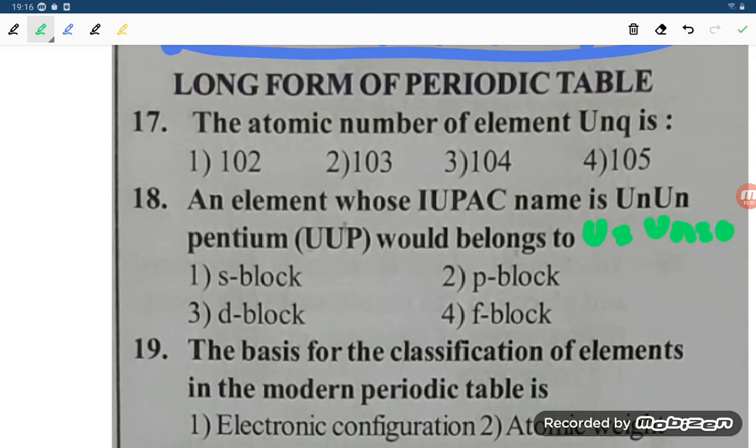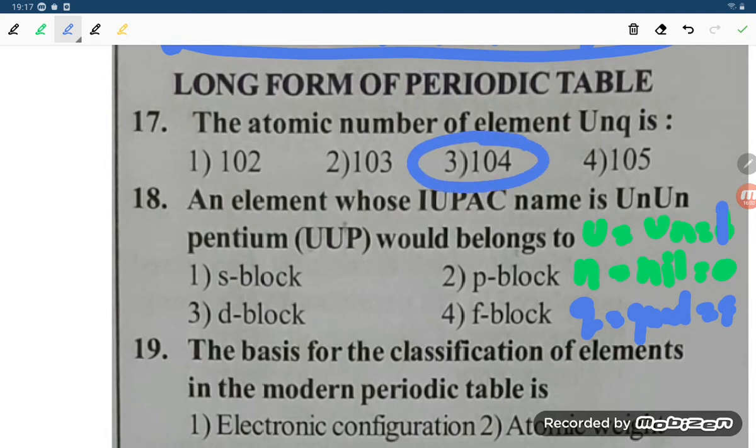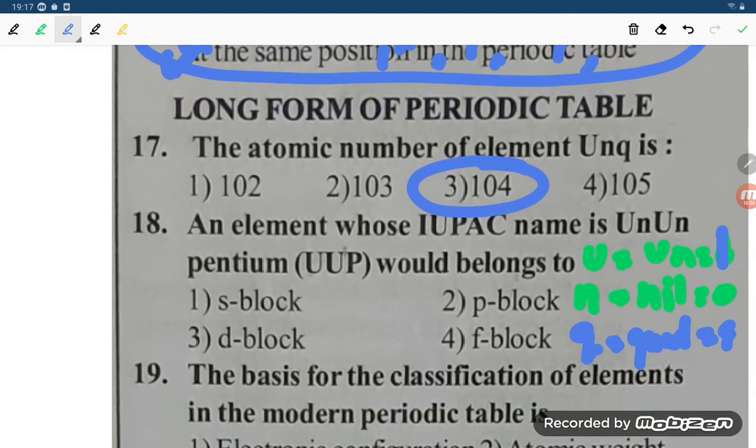N means nil, and nil means 0. Q means quad, and quad means 4. So the number is 1, 1, 4. So option number 3 should be correct, 114.